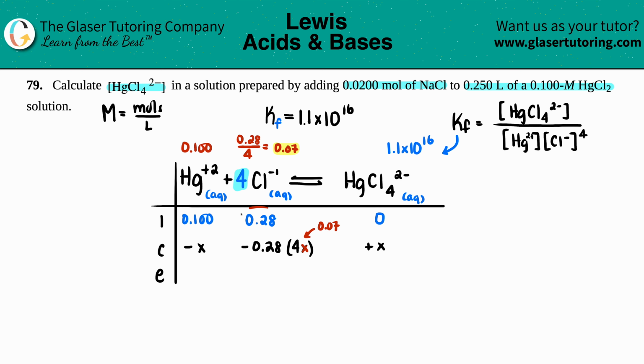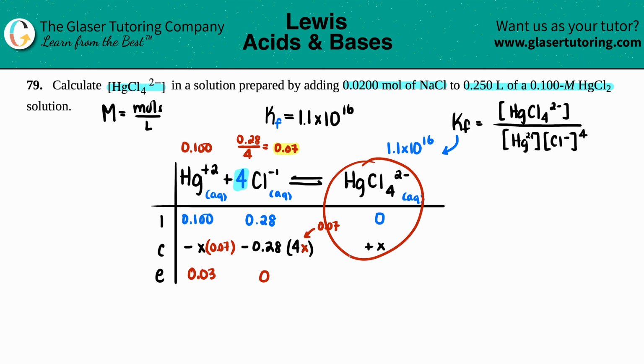So now this basically has gone down to 0, right? In essence, we assume that we're not going to have any chloride ion. So we just subtract all of it and we assume that we're going to have 0, but we're going to come back to that. This is now going to be minus x, which is the 0.07. So 0.1 minus 0.07 is 0.03. I have 0.03 molarity left of Hg.